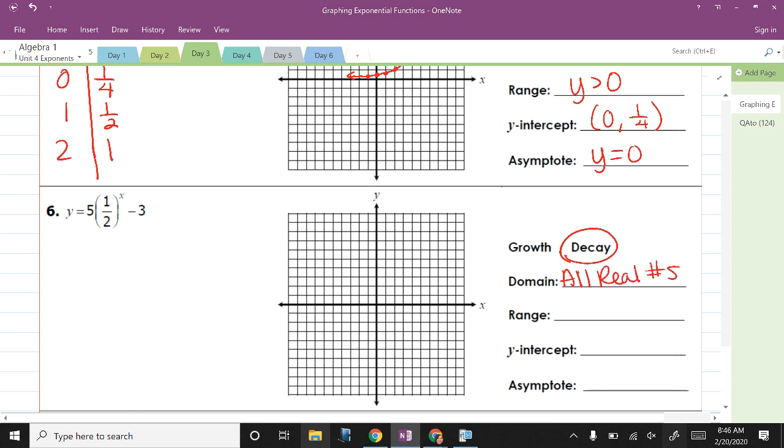What do you think my asymptote's going to be? Y equals -3. So what do you think my range is going to be? Y is greater than -3? I agree. Yeah, I was just making sure I didn't have it upside down.